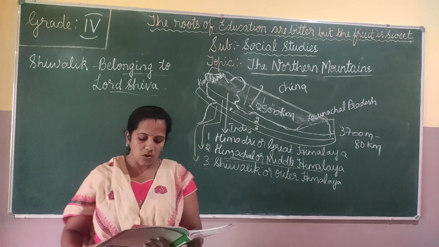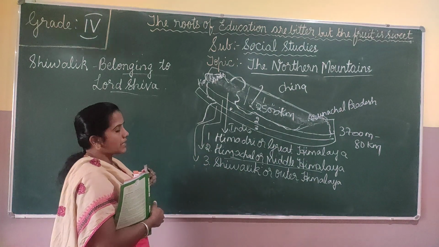The Shivaliks are the lowest and narrowest range of the Himalayan range.